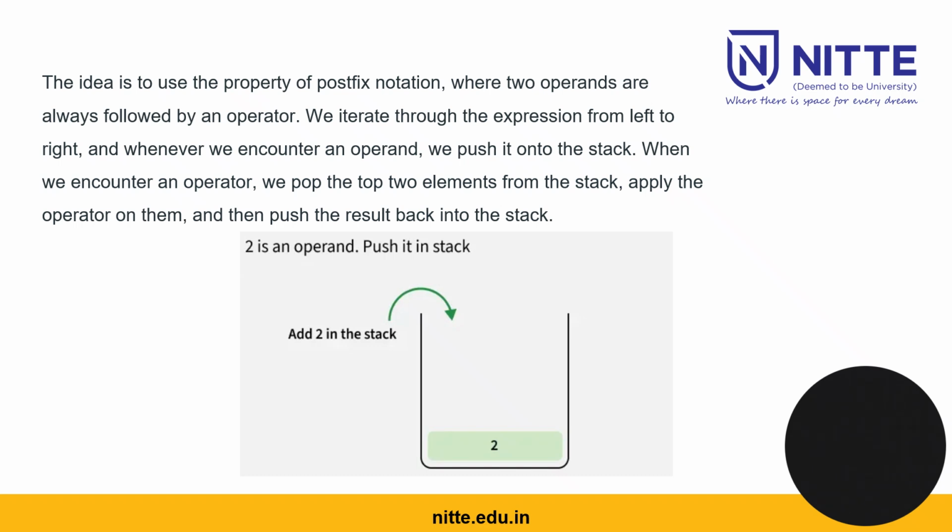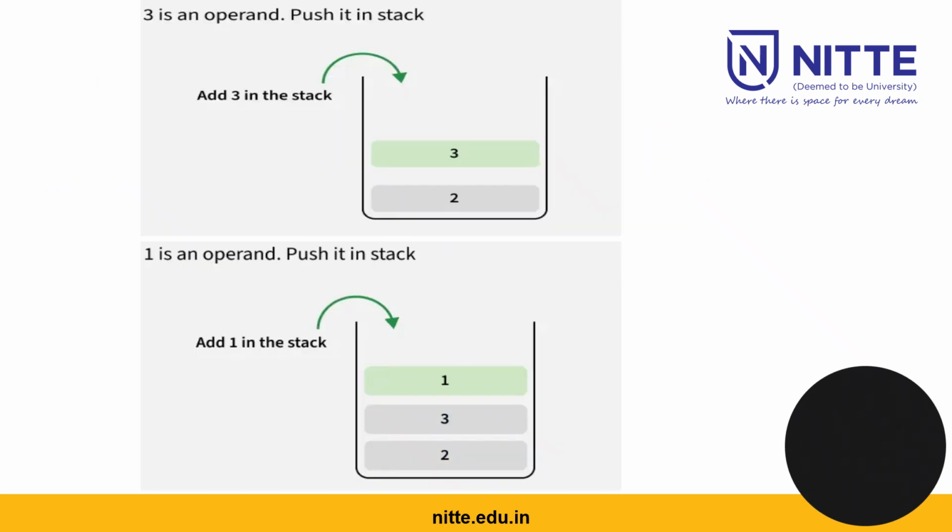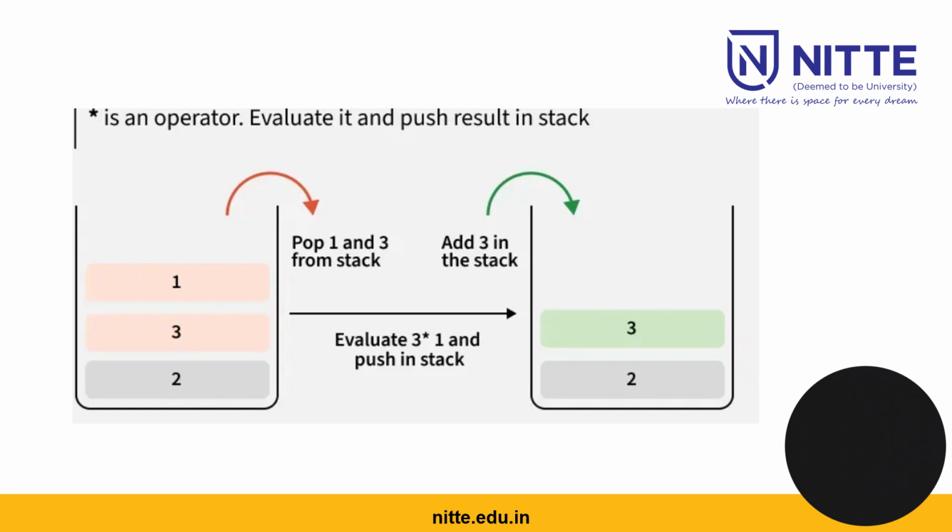For example, here 2 is an operand, so we will push it into the stack. Then 3 is also an operand, so we push it into the stack. Then there is 1, an operand, so again we push it. Next we encounter star, which is an operator.